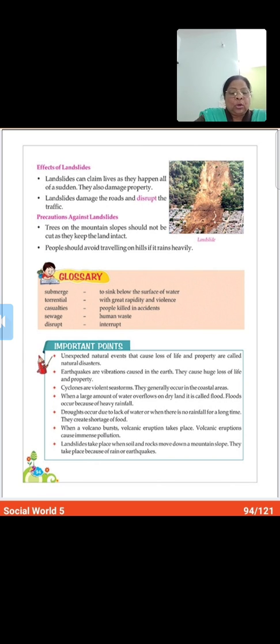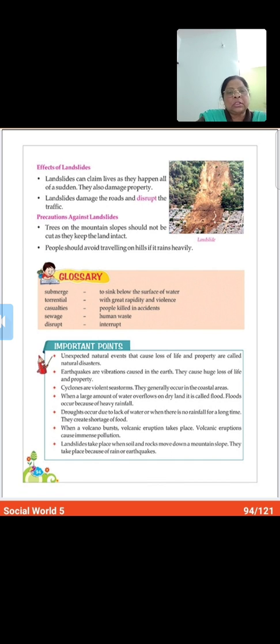Then it also affects a variety of resources. What are they? Like it affects the water supplies, then fisheries, then the sewage disposal system is also damaged. Okay, then roadways can be affected because it can slide down to the road also.